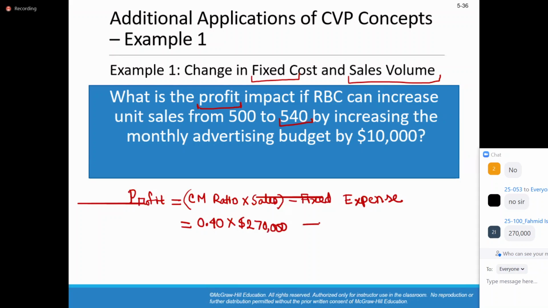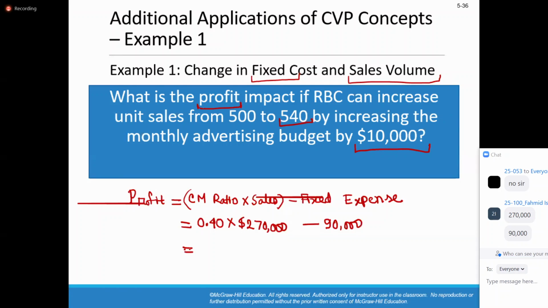Now, what is our fixed expense? In the previous case, 80,000. And now if the fixed expense goes up by 10,000, what will be the new total fixed expense? 90,000, because the advertising expense is a fixed expense. And what should be our profit in this case?